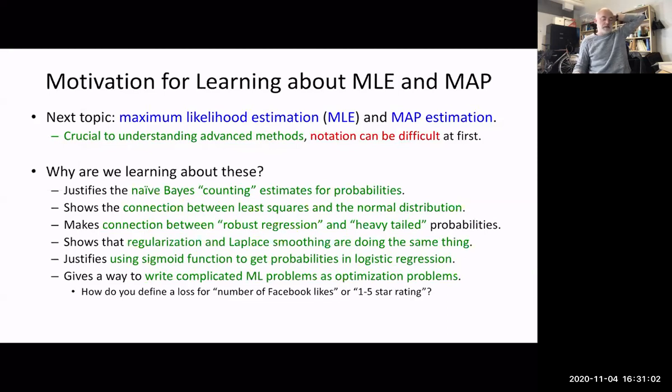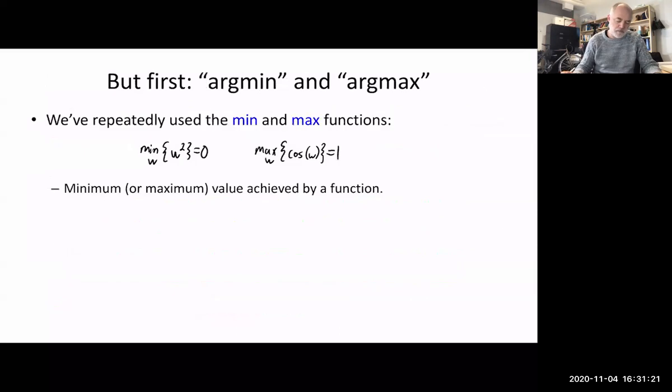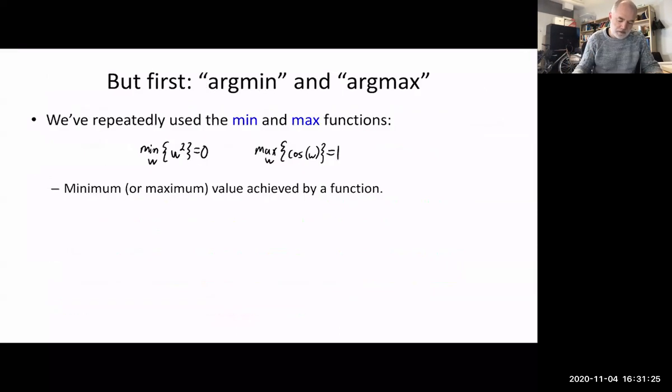Likelihoods allow you to think about generating things like number of Facebook likes or ordinal ratings. And if you're going to work on machine learning in research or industry research, then you need to understand probabilistic methods and certainly maximum likelihood and MAP.